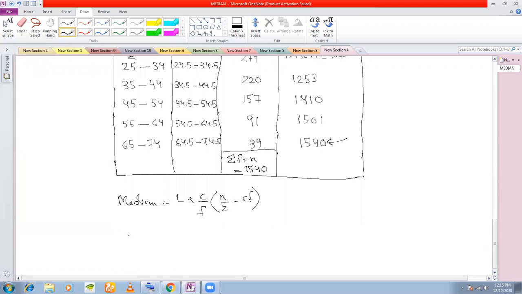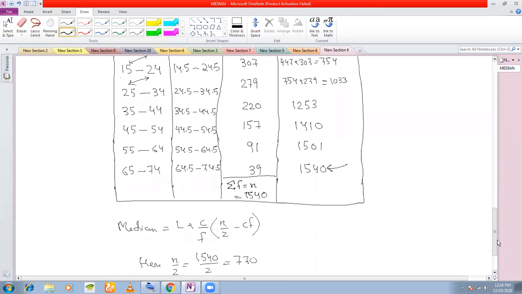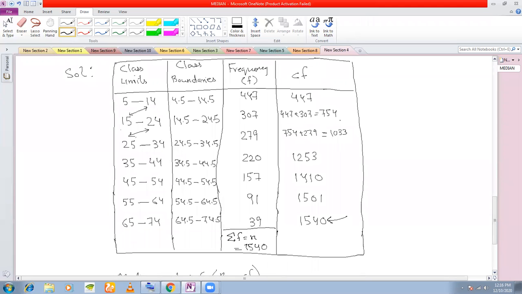So let's see what the median class is here. First of all, what is N by 2? 1540 divided by 2, which is 770. And 770 lies somewhere over here, right?